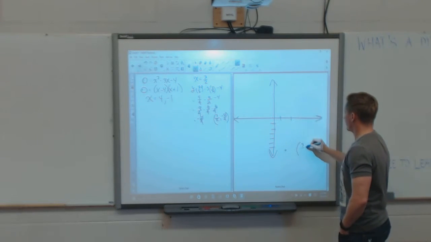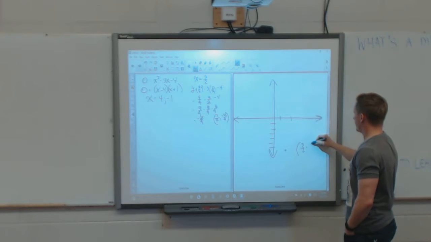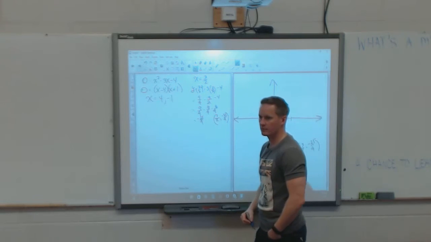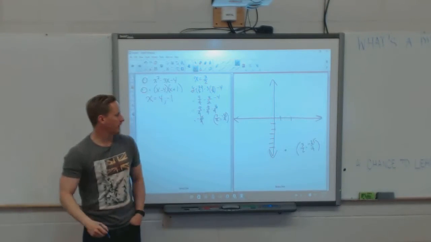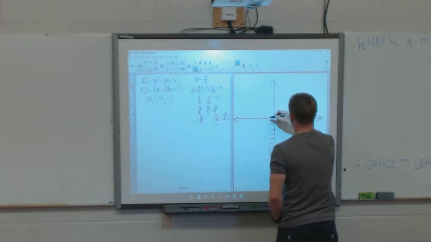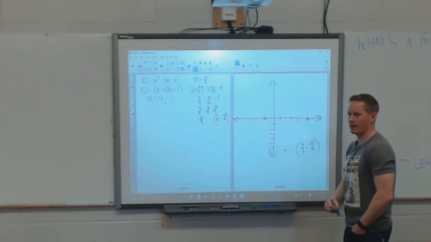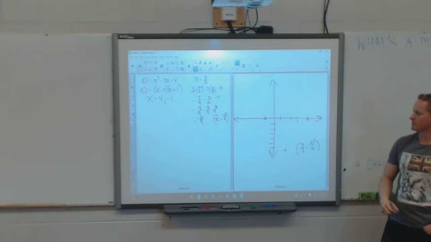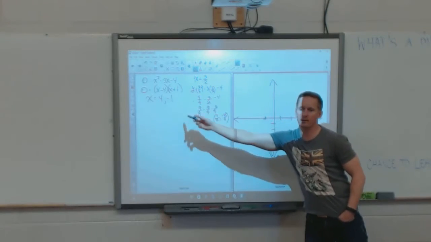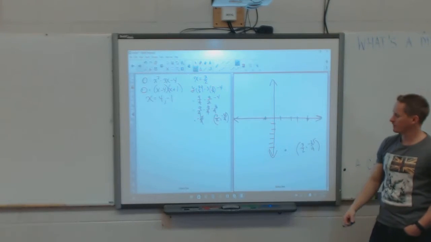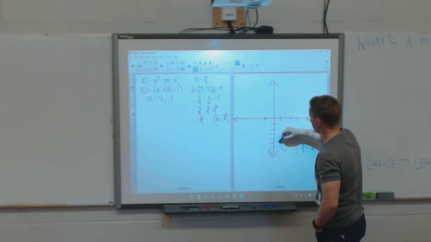So that's 3 over 2, and negative 25 over 4 is negative 6.25. Okay? I use my 1, 3, and 4 is over here, right? There's my roots. Solve for those bad boys right there, right? And then just draw it now.